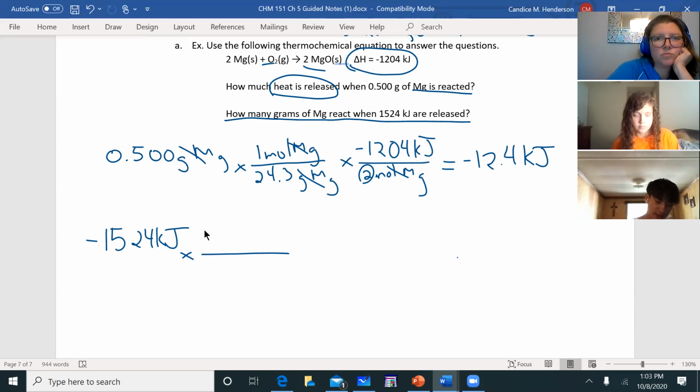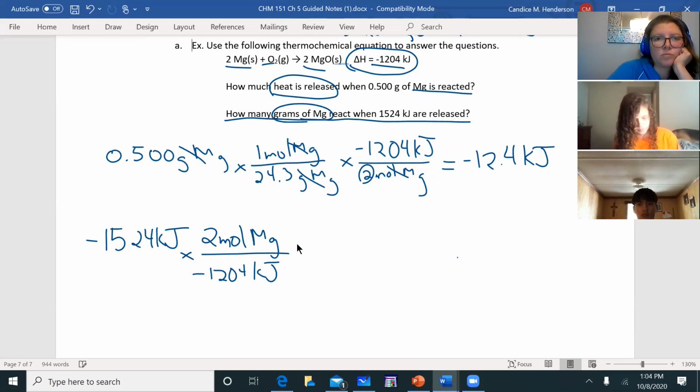And this says, how many grams of magnesium? Well, I know for every 2 moles of magnesium, this much energy gets released, -1204 kilojoules. I'm not having to pull that out of thin air. The relationship is right there. Now this problem says, I don't want moles of magnesium, I want grams of magnesium. So we're going to go one step farther and convert it into grams.